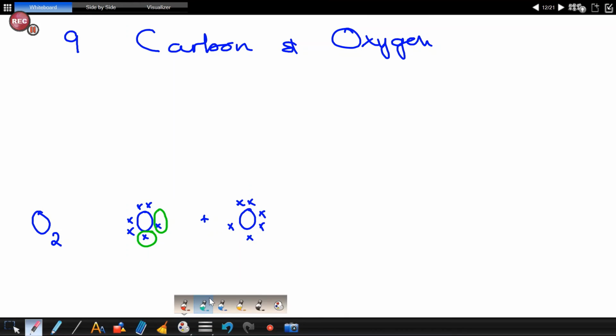There is a bond there, possibly, and there's a bond there, possibly. So there are 4 electrons shared between two oxygen atoms.